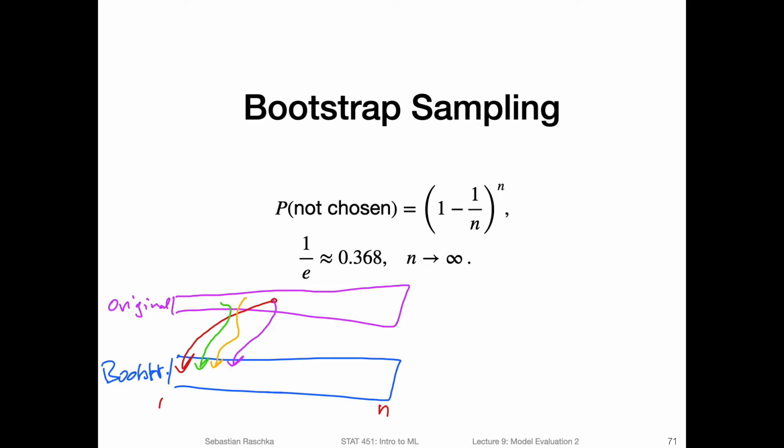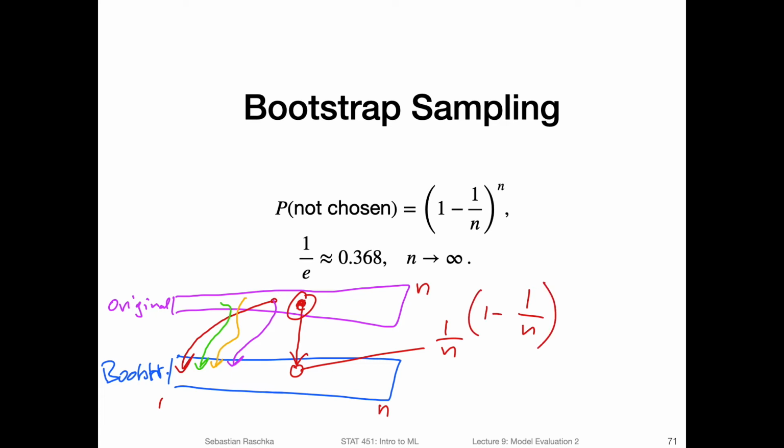So the probability of choosing a particular point for a position. Let's say the probability to pick exactly this example is 1 over n, right? Because we have an original data set of size n. So the probability of picking one particular example for a particular position is 1 over n. So not picking this example for this position would be 1 minus 1 over n, right?